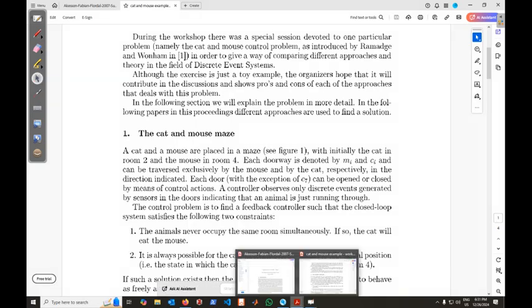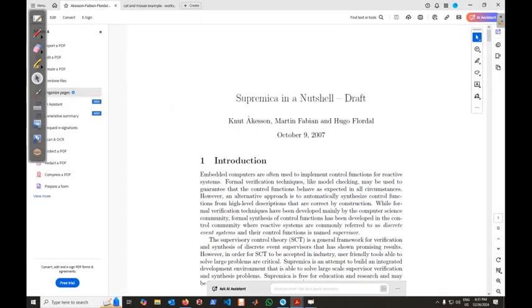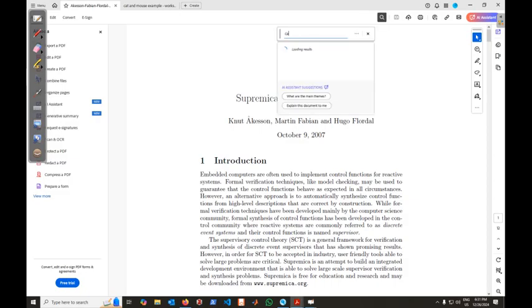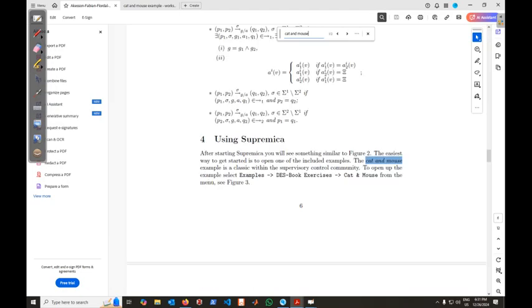When I refer to the documentation or the manual of using Supermica, and I search for the cat and mouse, we can see that this example is a classical one, and you can open it by selecting Examples, DAS book exercises, cat and mouse.